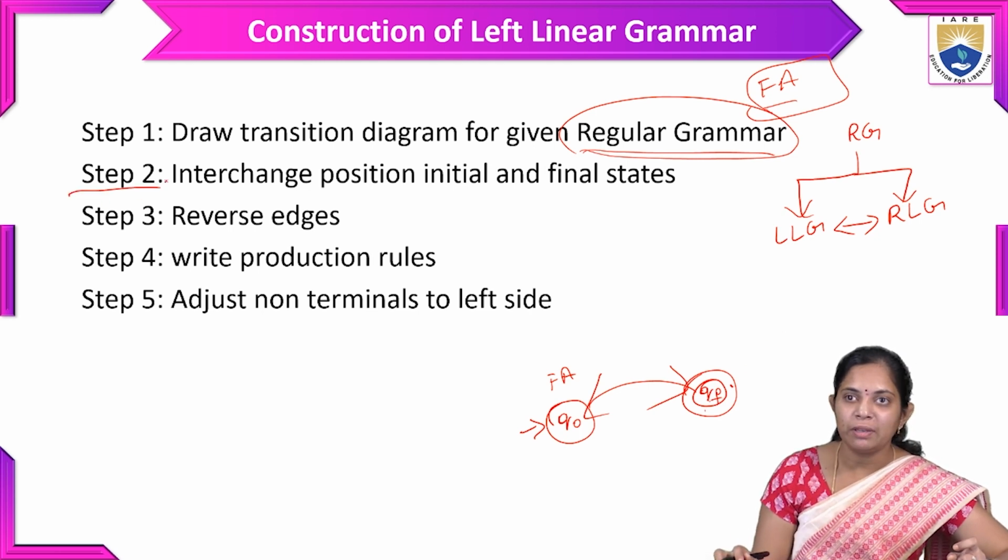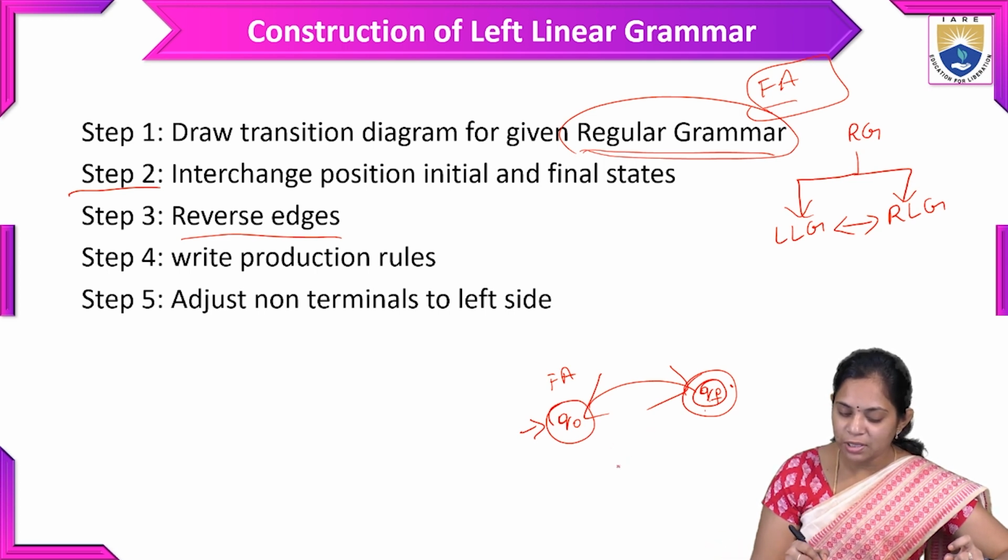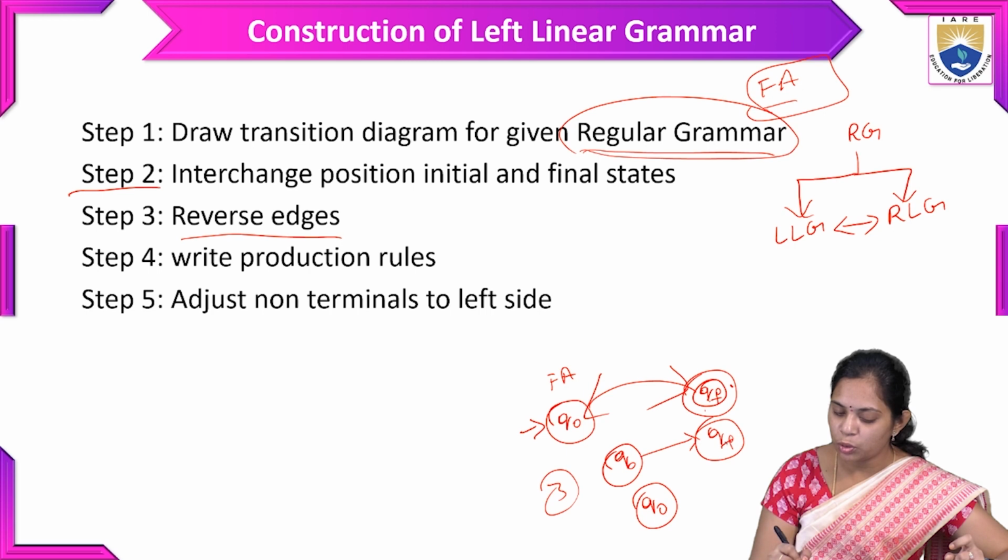And in step 3, we have to reverse the edges. Whenever reversing the edges, suppose Q naught goes to QF. In the third step, we reverse these edges like this. When it is moving from Q naught to QF, we have to reverse the edge, so we move that input symbol from QF to Q naught.